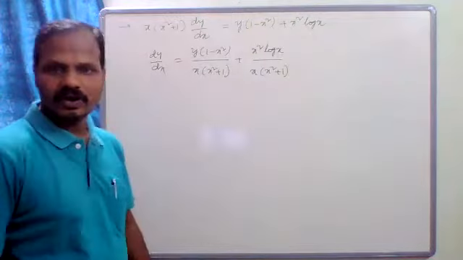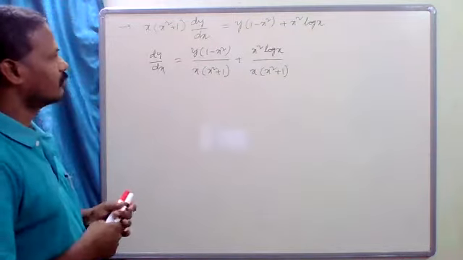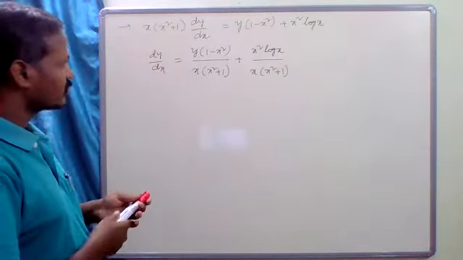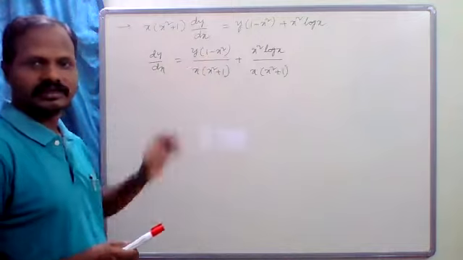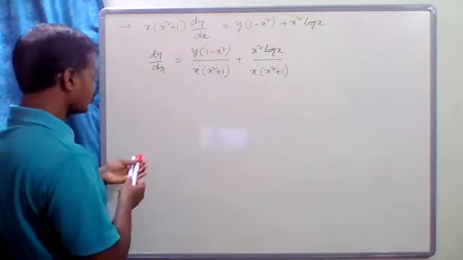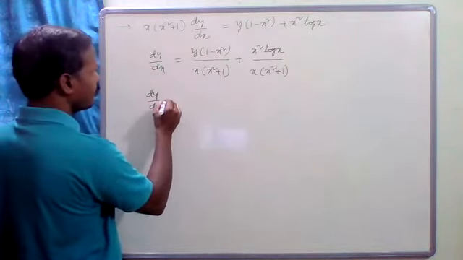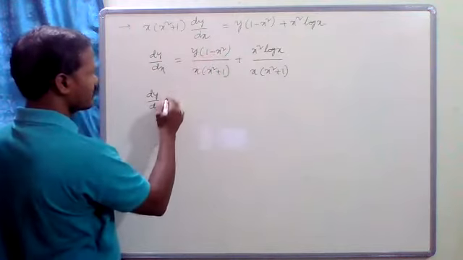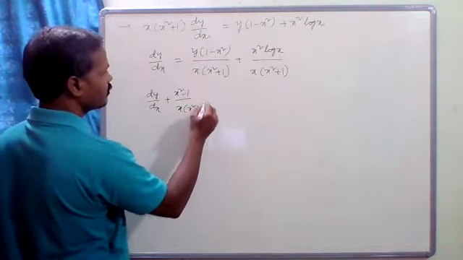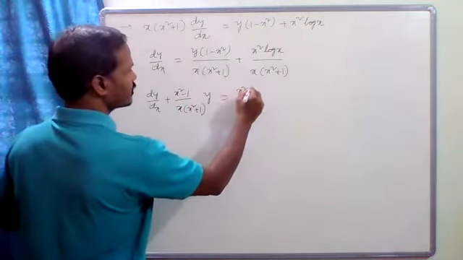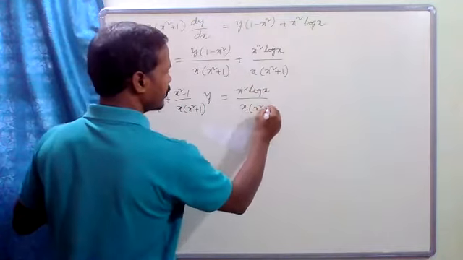Now take this term to the left side. So dy by dx plus (x square minus 1) by x into (x square plus 1) into y equal to x square log x by x into (x square plus 1).